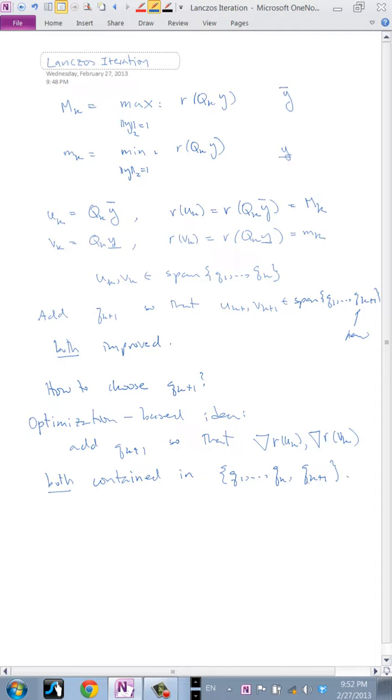So let's see what these gradients are. Recall again that R of x is equal to x transpose A x over x transpose x. Now we can compute the gradients.